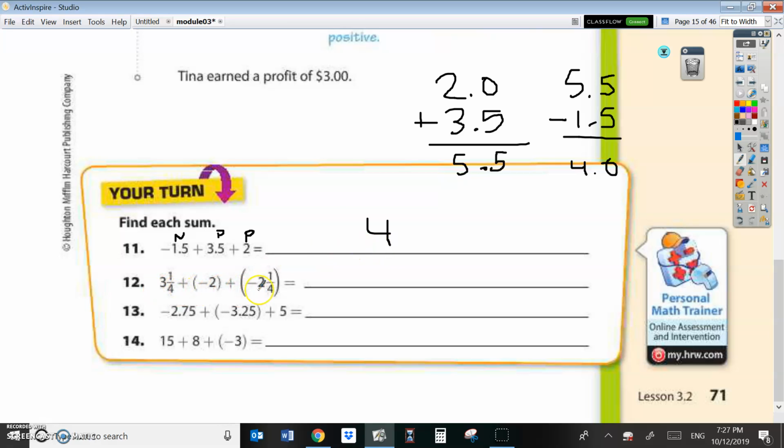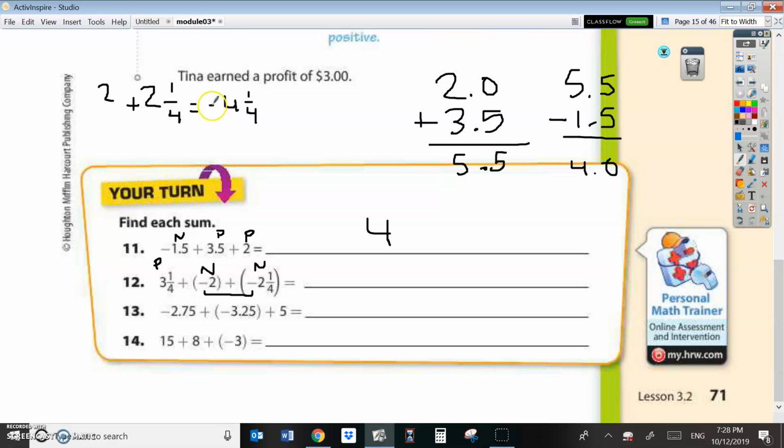Okay, got some fractions here. So this is positive, negative, negative. So let's put these two together. 2 plus 2 1/4 equals 4 1/4.